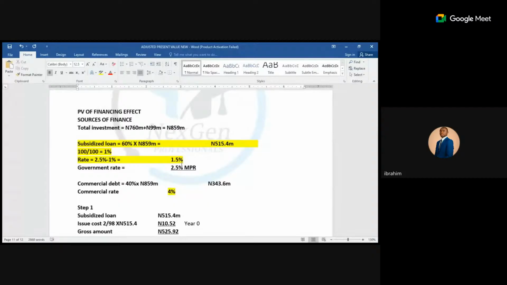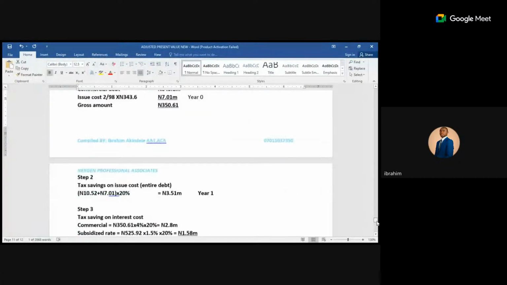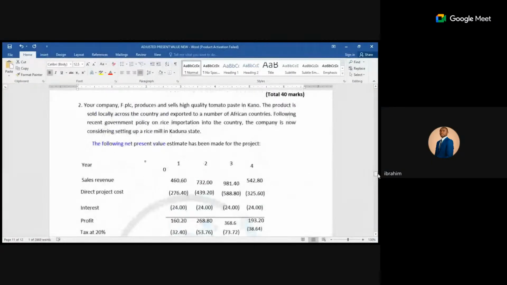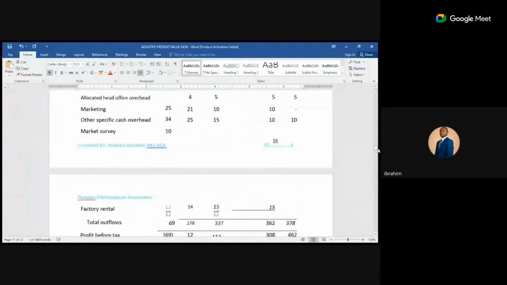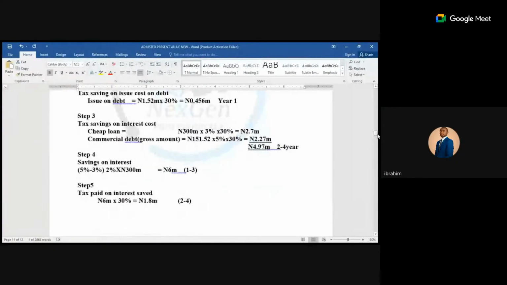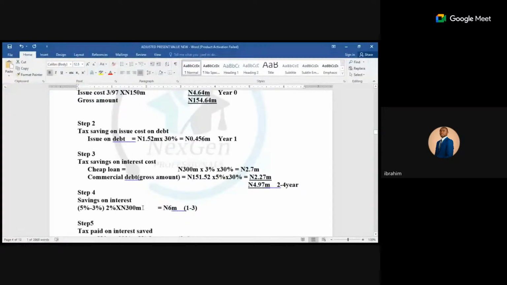Then it will now be on the cheap, the subsidized amount, which is 515.4. Look at it here. Previous lecture, let me quickly show you. Just in case you didn't go back to it, please always go back. Can you see? 300 million. Where did we get the 300 million?